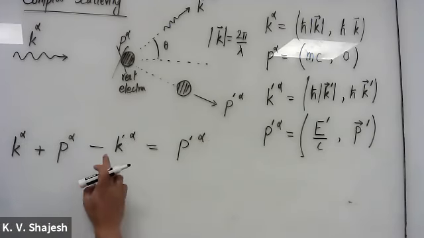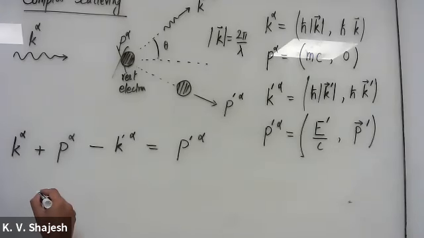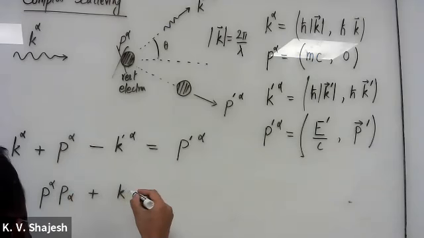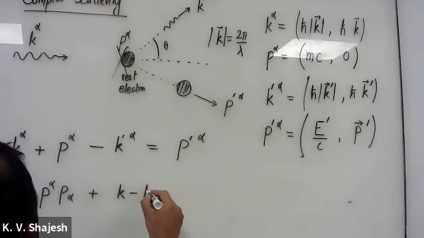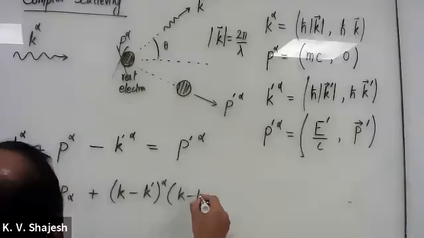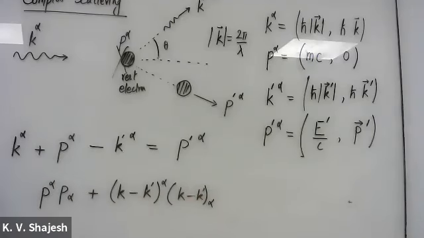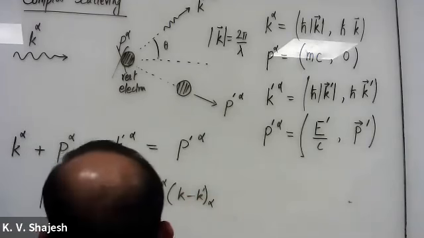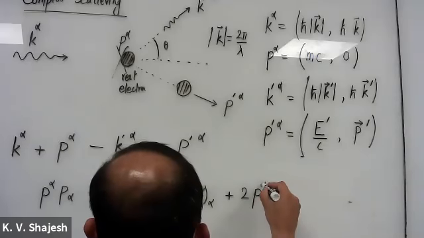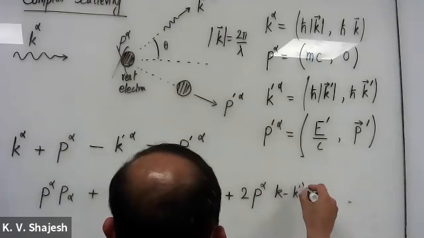Let me write this as K prime minus K plus P. So what I have here is that when I square this, I get P square, P alpha, plus K minus K prime alpha times K minus K prime alpha. And I square them, and there are cross terms. So there is a P alpha and K minus K prime alpha.